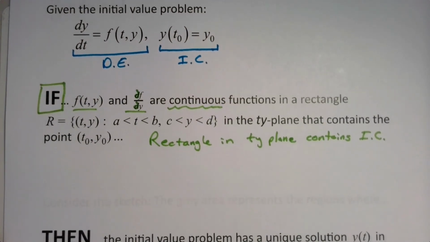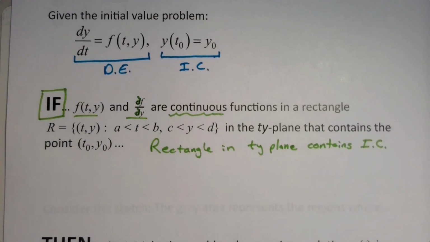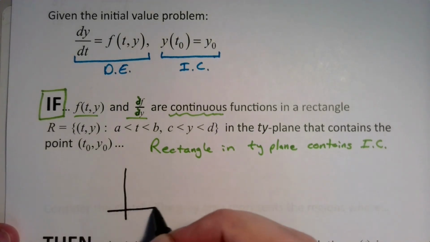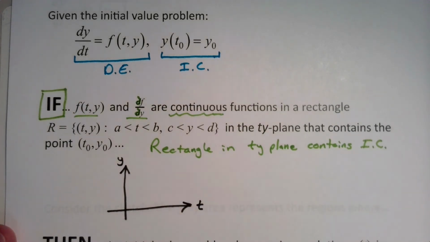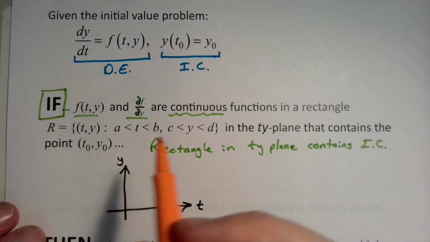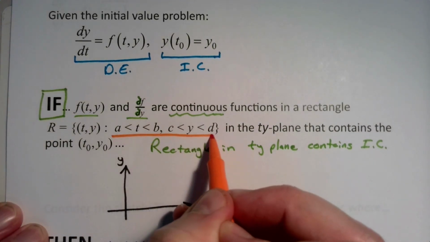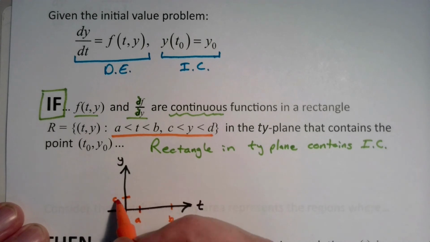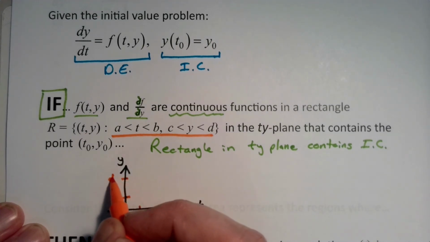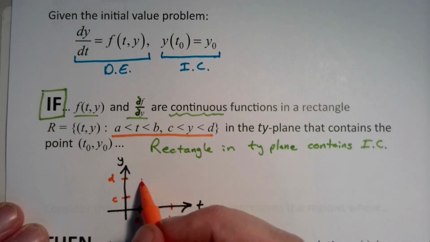And so what that might look like, let me draw a little picture here to see what it might look like. You've got your y direction, your t direction. This is your yt plane. And so what we're going to do is create that rectangle that looks like this. So between some t value a and some t value b, and then some y value c and some y value d, you have this lovely little rectangle.